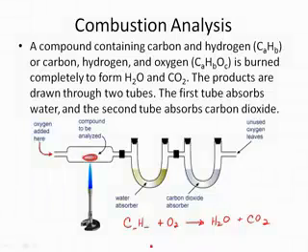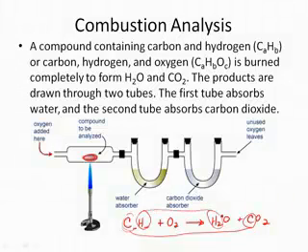Our products would still only be H2O and CO2. Now, the key thing to remember in our method of solving this is if we look at our unknown substance, here is the carbon, and what do we notice about our products? All of the carbon from the substance is going to end up in that carbon dioxide. And similarly, all of the hydrogen from that reactant is going to end up in the water.